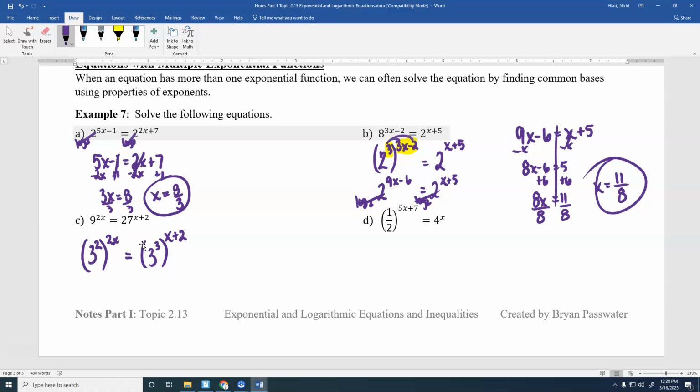So just like we did on the last problem, we would have to multiply those exponents together, in this case on both sides. So we got 3 to the 4x equals 3 to the 3x plus 6. Make sure when you multiply that 3 that you multiply both the x and the 2.